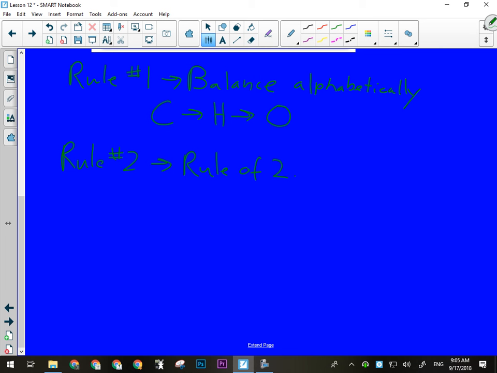Now, the rule of 2 is this. If there is an even number of carbon atoms, start the balancing with a 2. I'm going to show you what that looks like here in just a second.